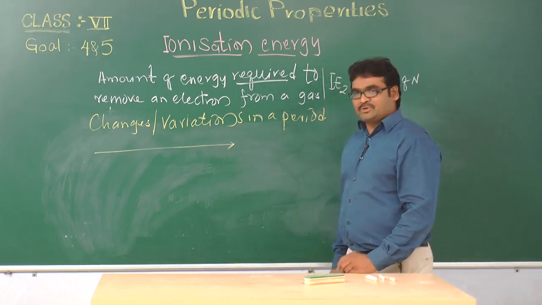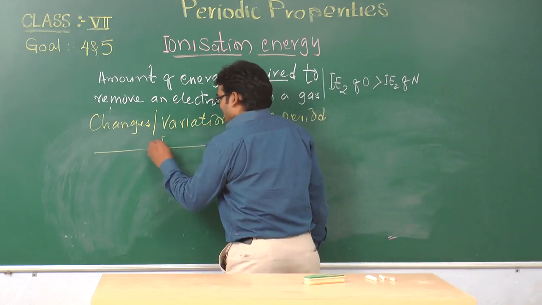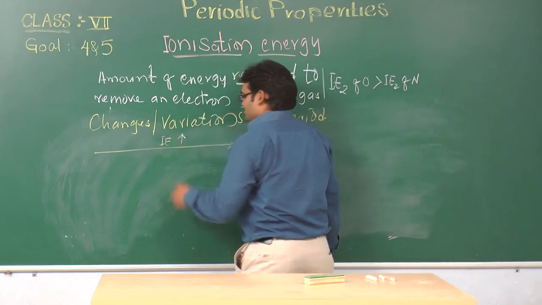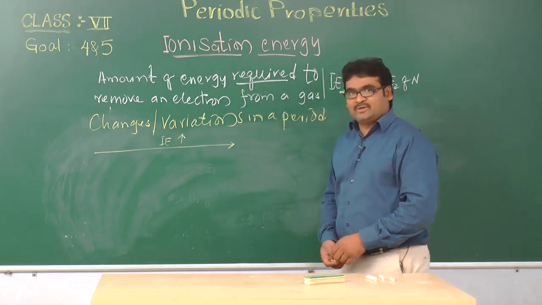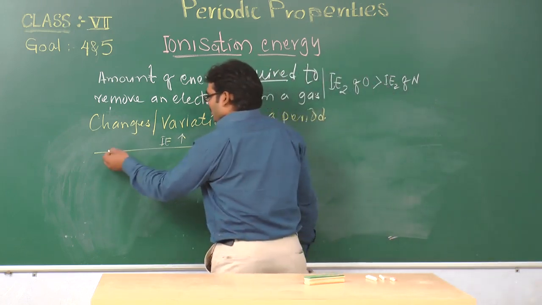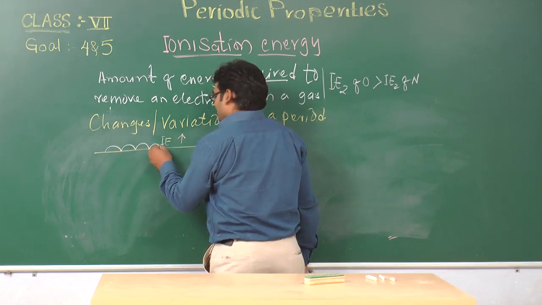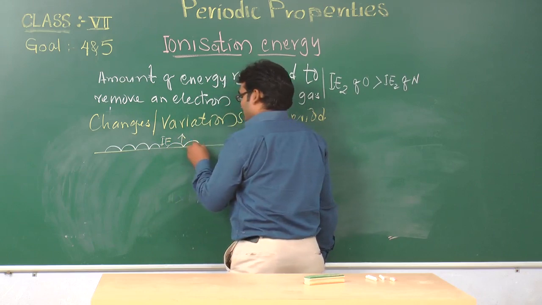when we move across a period, the ionization energy increases. Ionization energy increases because you know that the distinguishing electron will always be added into the same orbital.